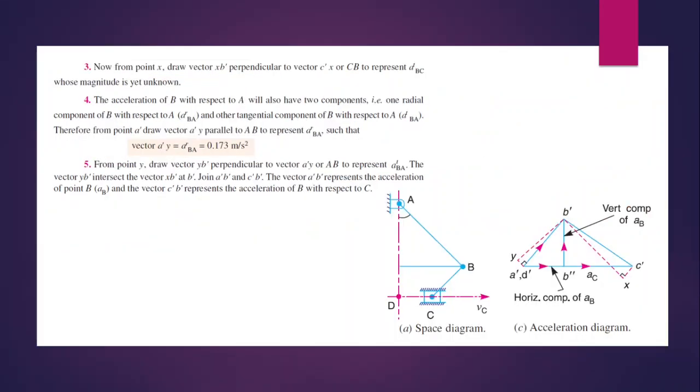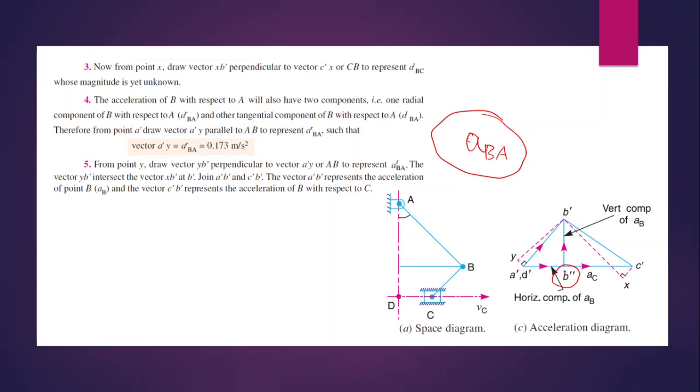Then here we can find out the horizontal and vertical components of acceleration of B with respect to A. Here acceleration of B with respect to A is this one, A dash B dash, and the horizontal component of this acceleration we can find out by drawing a vertical line which is passing through B dash and a horizontal line which is passing through A dash, and then the meeting point will become B double dash.